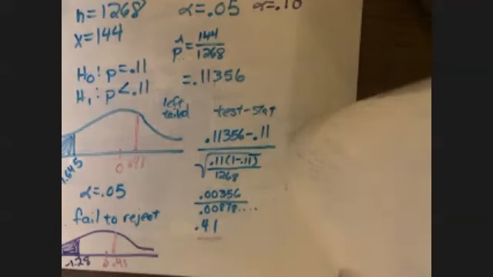If alpha is 0.10, we're still on fail to reject. Hopefully you can track with that.